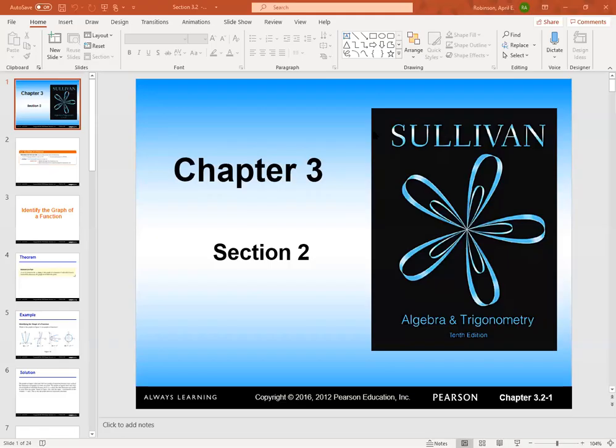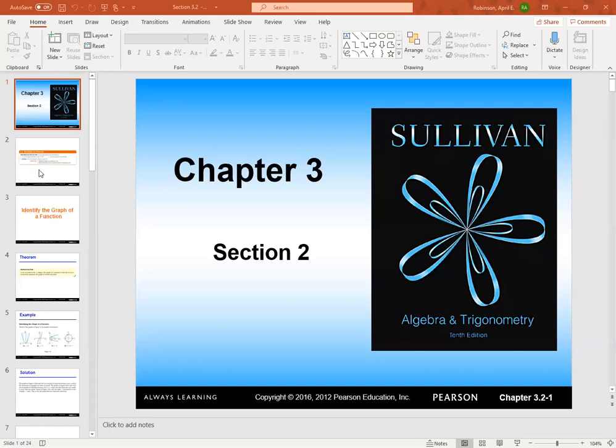I don't know why it does this to me. Share screen 3.2. Now can you see it? Can you see 3.2 now? Yes. Cool. Thank you.